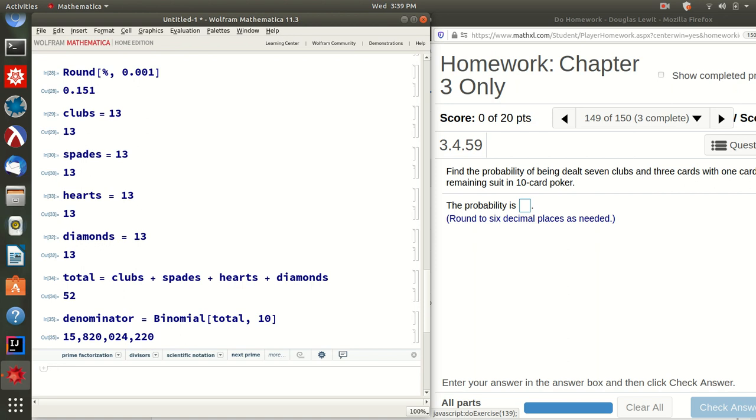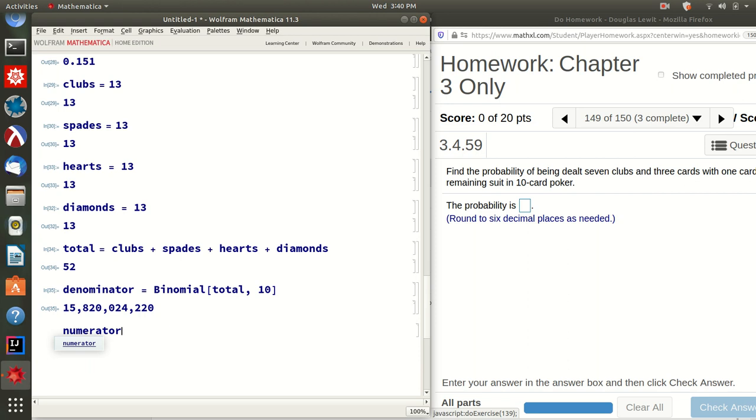Now the numerators in these problems are a little harder to figure out. Think about my choices.